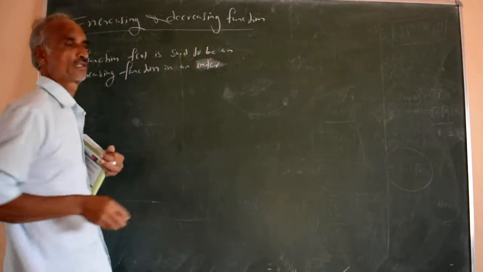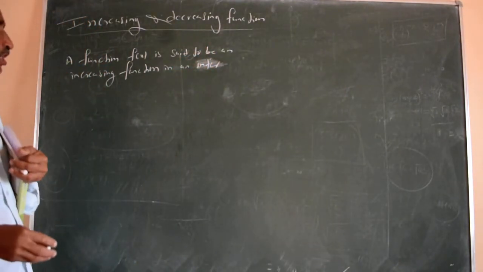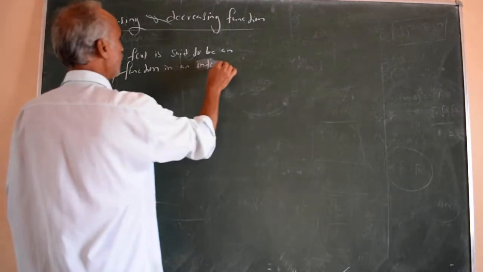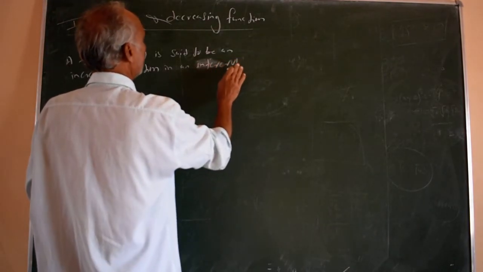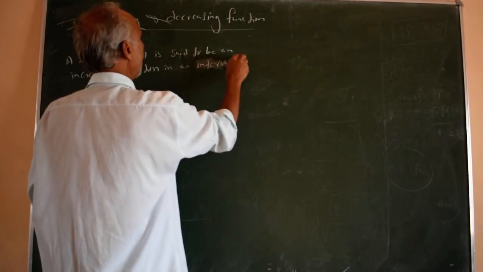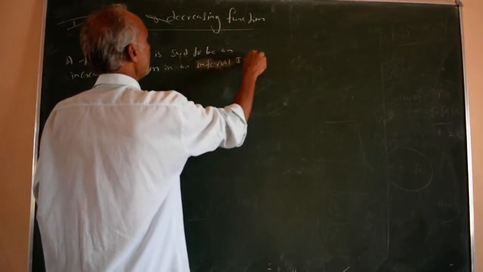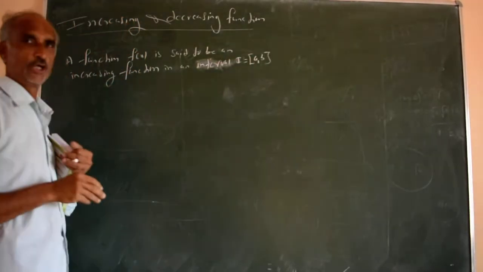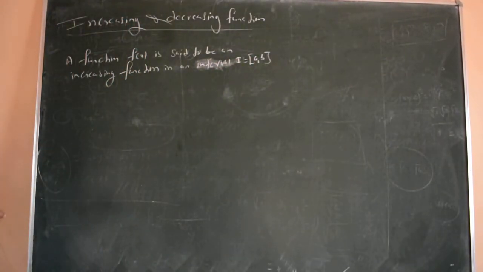An interval is a subset of real numbers. No, it is a set. Interval is a set. In an interval I equals A to B.